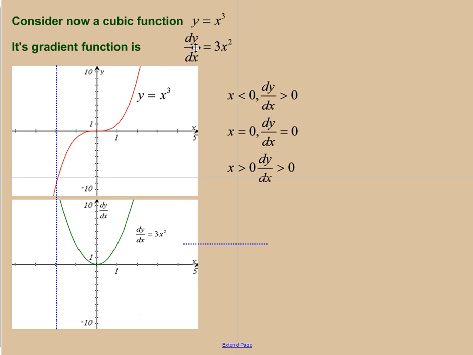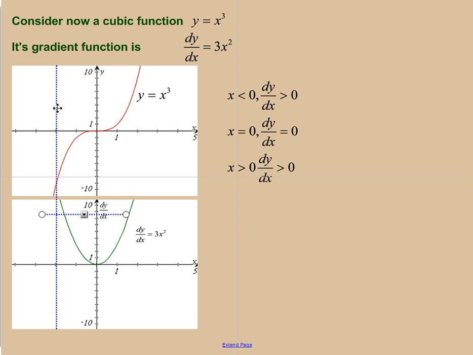Now the cubic, if you remember, its derivative is 3x squared. Here is the graph of the cubic. If we take it, say, at x equal to -2, we can see that this part of the graph around here is going to have a positive gradient. At x equal to -2, if I read off its value on the derivative graph, it would actually be about 12.